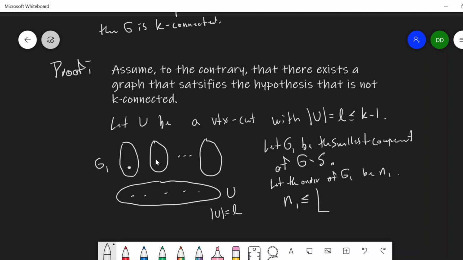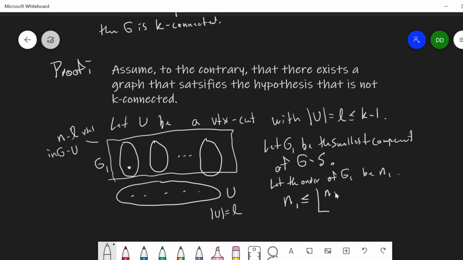If I focus on my connected components, there are N minus L vertices in G minus U, and the smallest one will have at most half of them. So N1 is less than or equal to N minus L all over 2.